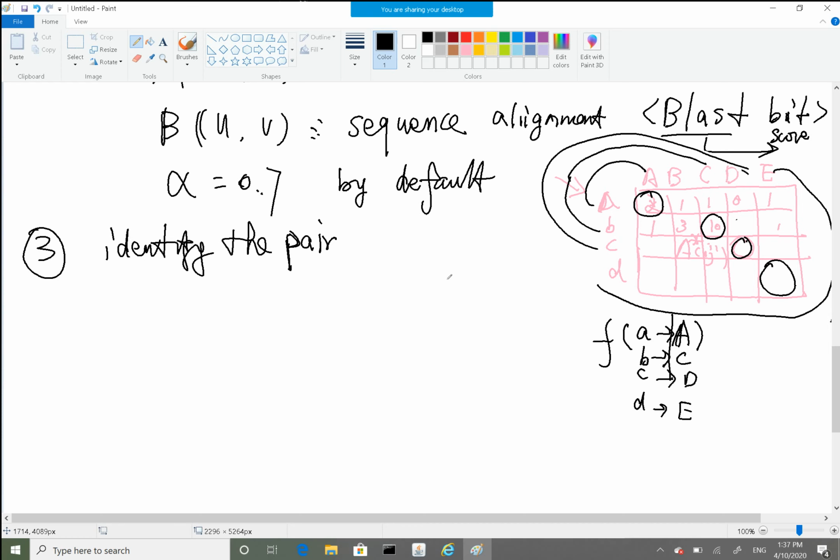Figure out what this guy is, right? So usually, let me erase that to make it even clearer.